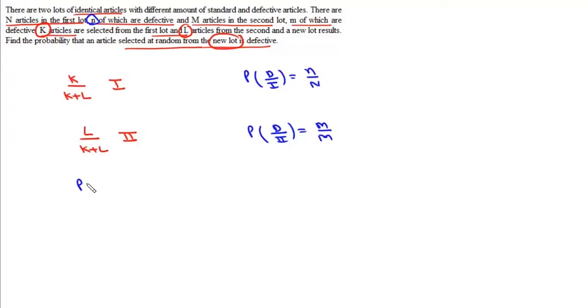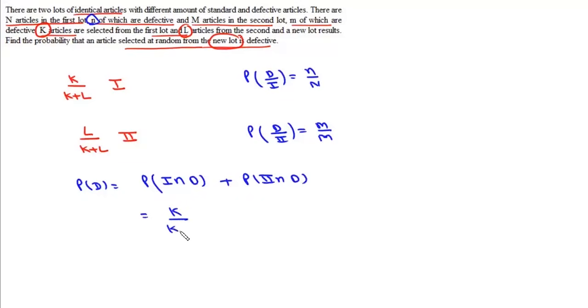So the probability that the chosen article will be defective will be given by the probability of first intersection defective or the probability of second intersection defective, and we can solve it using conditional probability.